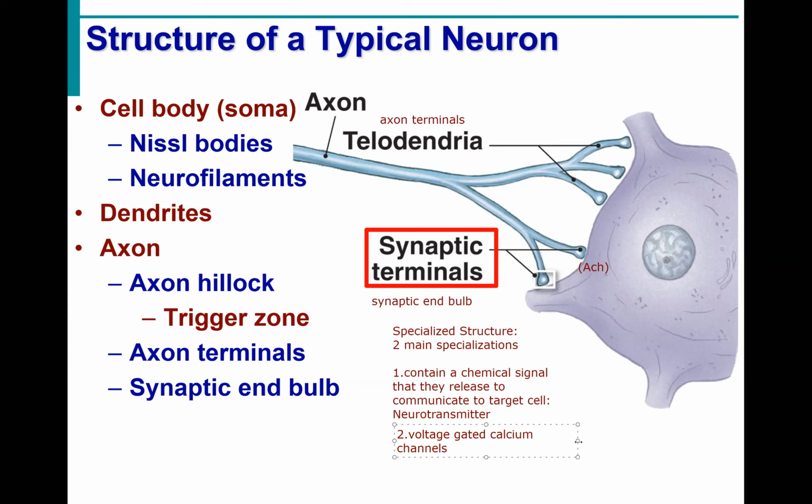Excellent. So the second specialization of those synaptic end bulbs is our voltage-gated calcium channels. Those voltage-gated calcium channels let calcium into the synaptic end bulb, and when that calcium comes in, our synaptic end bulb is able to release its neurotransmitter, release that chemical signal to communicate with its target cell.